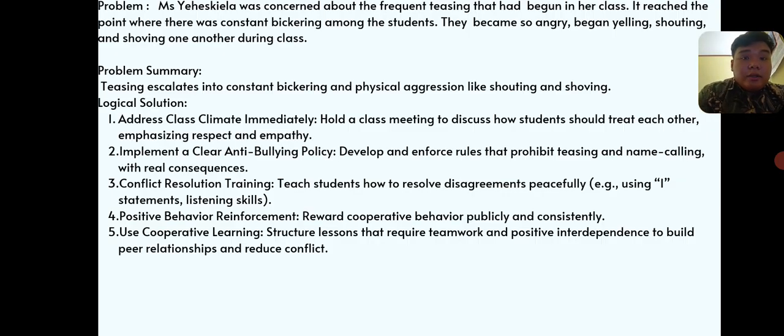Third is conflict resolution training. Teach students how to resolve disagreements peacefully. Fourth is positive behavior reinforcement. Reward cooperative behavior publicly and consistently. Last is to use cooperative learning. Structure lessons that require teamwork and positive interdependence to build peer relationships and reduce conflict.